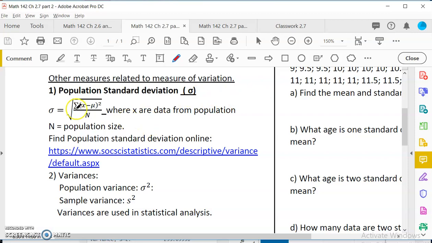Now it has a different formula as well as a different symbol. The sample standard deviation symbol is S. The population standard deviation is sigma. It is a Greek letter, and the way you pronounce it is sigma.